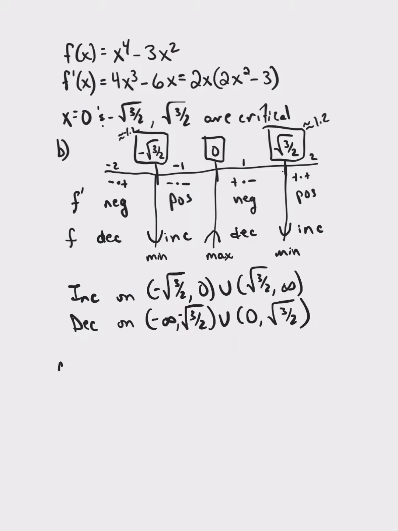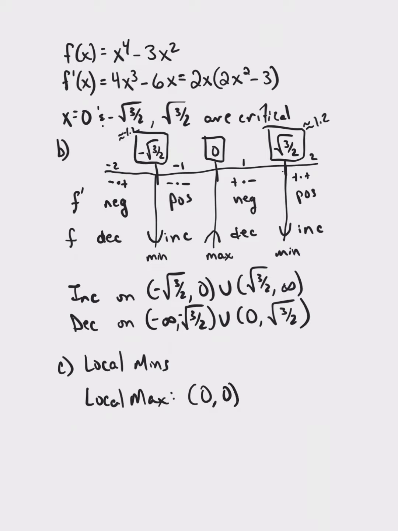And then in terms of C, notice that we have 2 local mins, and we have 1 local max. Okay, our local max has x equal to 0. You can see that one. We're plugging 0 into our function. We're going to get 0.